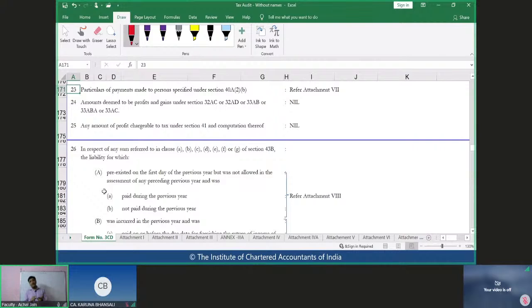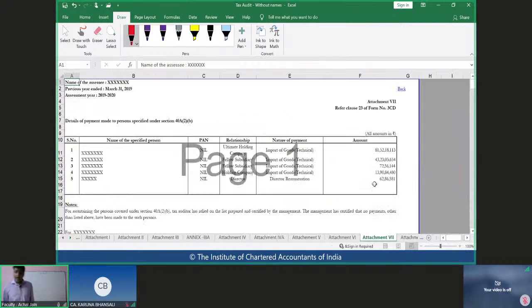But it's not necessary that each and every party which is reported in the financial statements, or which is reportable as per the Companies Act or the accounting standards, will also get covered here. This will have to be analyzed, but for sure, for reporting under this clause, the auditor should also look at the related parties and should analyze whether such related parties will get covered as the specified persons under the Income Tax Act or not.